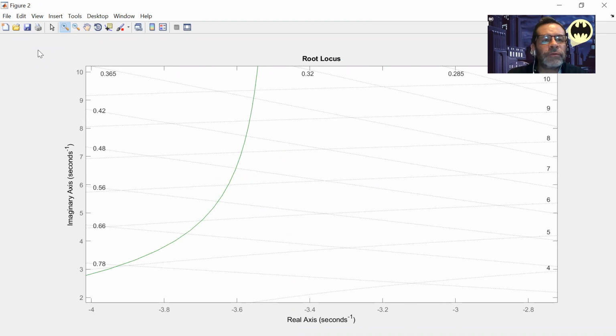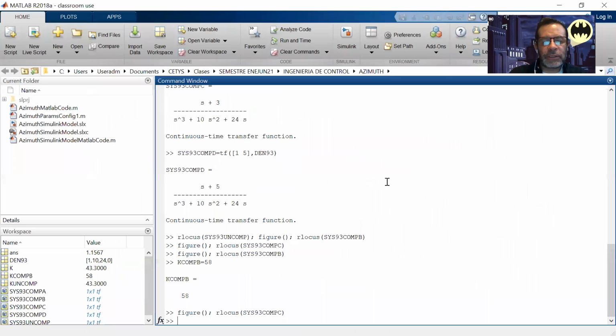And let's see what we can find here. So there we've got a 47.6. So K compensator C is going to be 47.6.